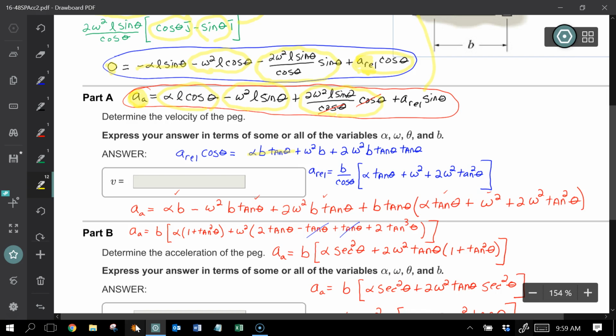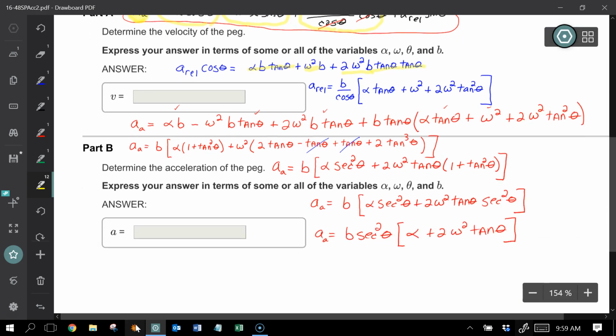So it's omega squared. L is B over cosine, so cosine divided by cosine causes it to disappear. And then here I have 2 omega squared B. Sine over cosine is a tangent, and then L is B over cosine, so I get another tangent right there.